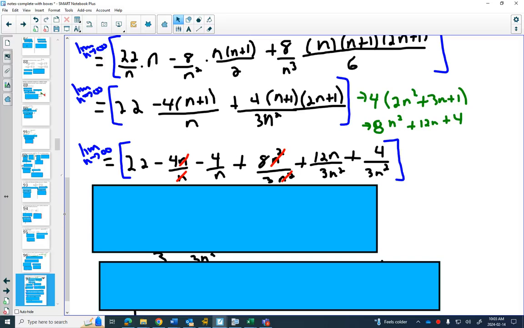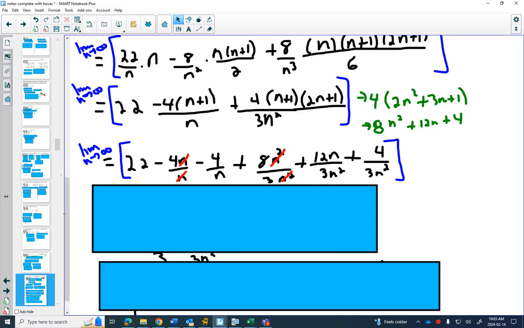But the reason it's just the 4 is because this one, as n goes to infinity, will be 0. And this one, if you did this whole 8n squared plus 12n plus 4 and had them all over the n squared, this is the only one where it cancels out nicely and you're left with 8/3. Everything else is going to go to 0 because the power of n is bigger in your denominator.